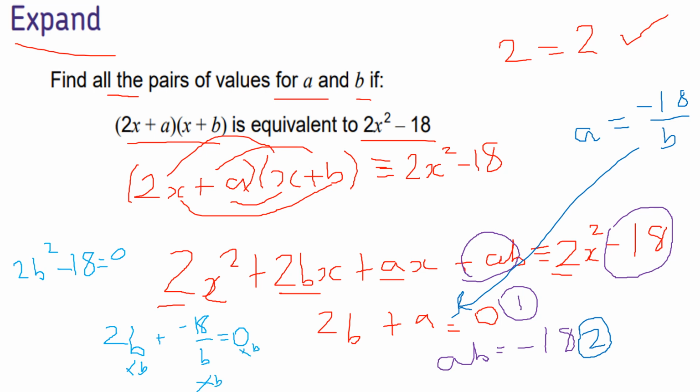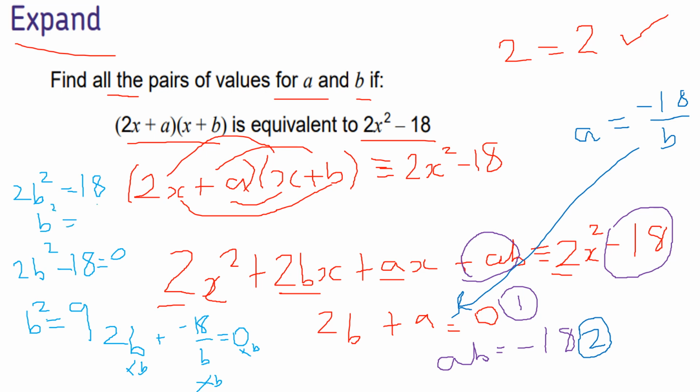So I'm going to add 18 to both sides and then divide through by 2. Adding 18 to both sides of my equation to balance it, I have 2b squared is equal to 18. Dividing both sides through by 2, I get b squared is equal to 9.